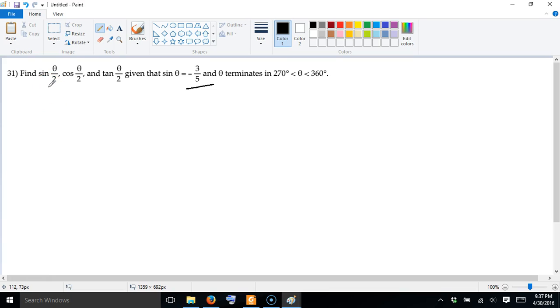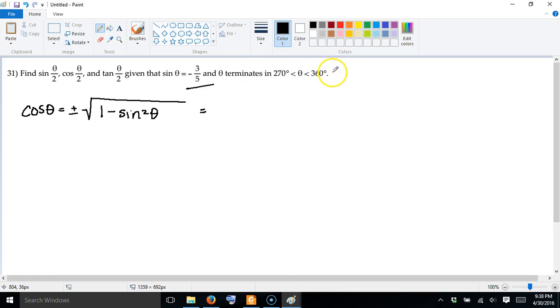Now, let's see what we need to do here. We got to find this right here. It's either going to be plus or minus, and we'll figure out which one it is. This right here: the square root of 1 minus sine squared theta. And let's figure out plus or minus.